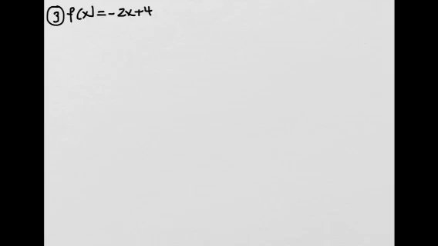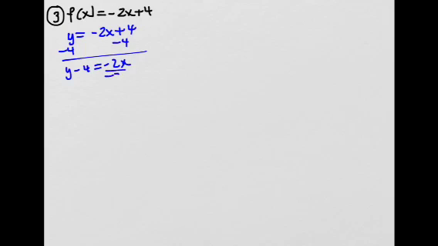So for number 3, we're following the 4 steps in our notes. So f of x becomes y, and then your next job is to solve for x. So isolate the x. We subtract 4, and then we divide by -2. That leaves x by itself. And remember, we don't keep a negative in the denominator, so we move it to the numerator.